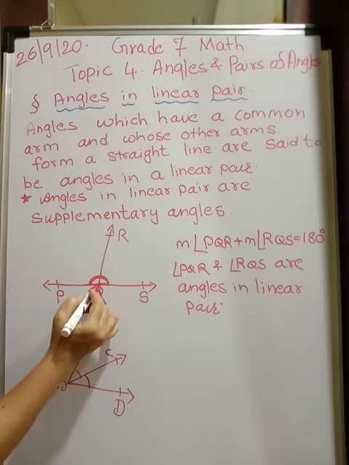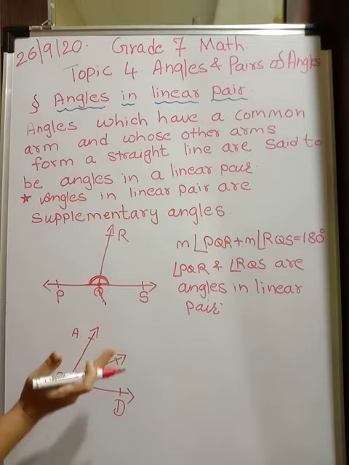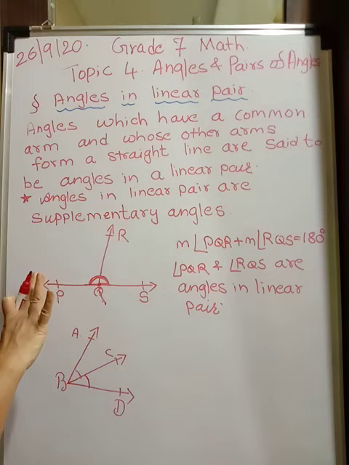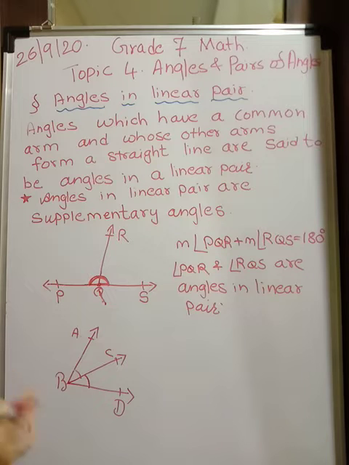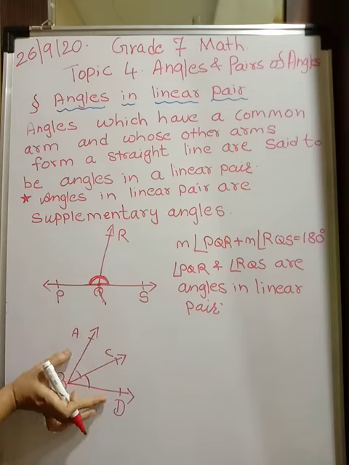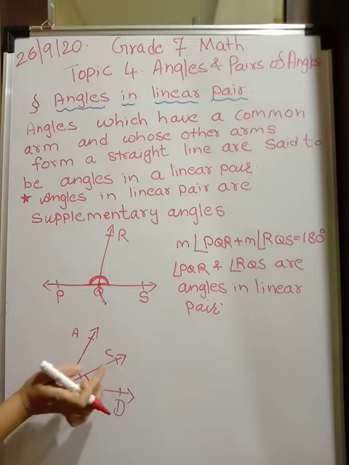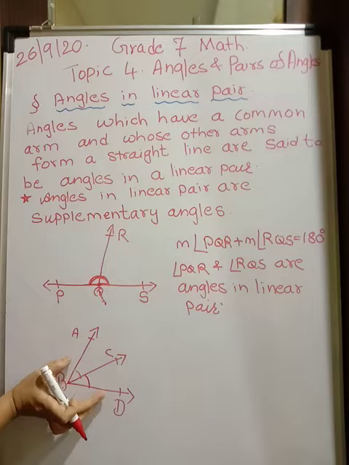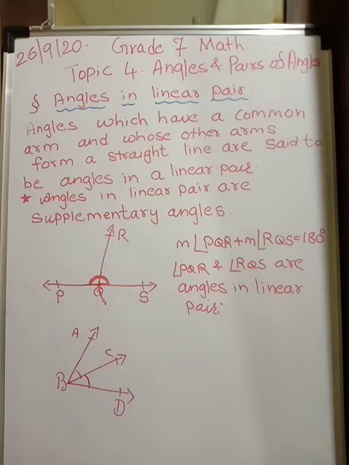Now, the remaining arms are lying on either side of the common arm, here also and there also. So these two are adjacent angles, which we have already learned earlier. Both are adjacent angles, no doubt. But if you leave the common arm and think about the other two arms lying on either side of it, in this case these two arms are not forming a straight line, but here they are forming a straight line. Here the sum is 180 degrees; here both of them do not add to form 180 degrees.